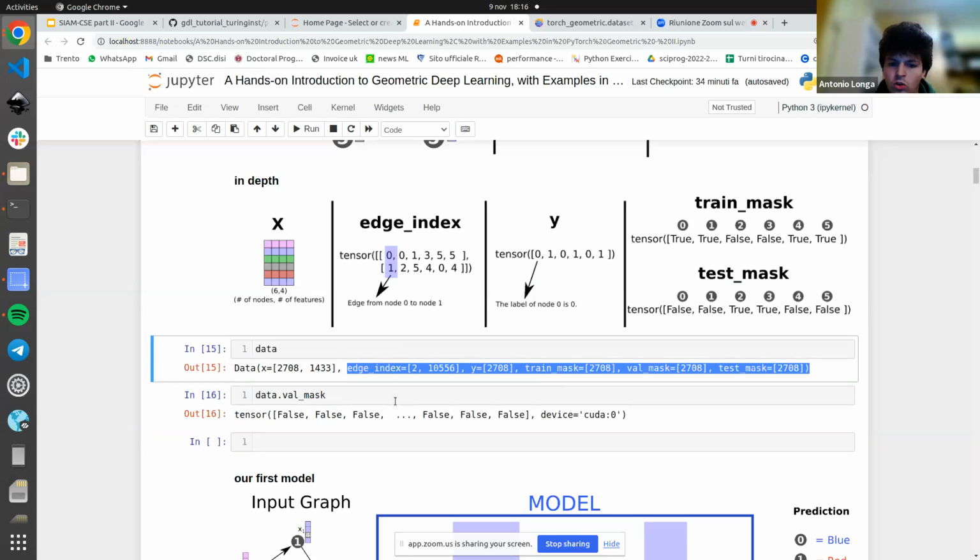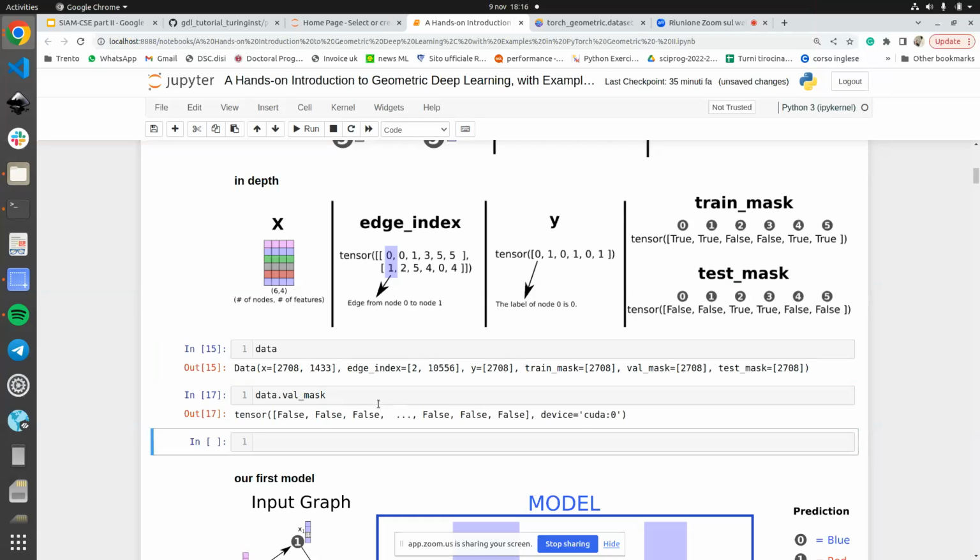Later in this tutorial, I'm going to show you mutagenicity, another dataset for molecular properties. Those datasets also have edge features, so you have information on the edge that in that case tells you the bond between two atoms. But what I would like to say is that you can represent multiple information, but the idea of the object is the same. I hope it's clear. Yeah, thanks. It's clear.